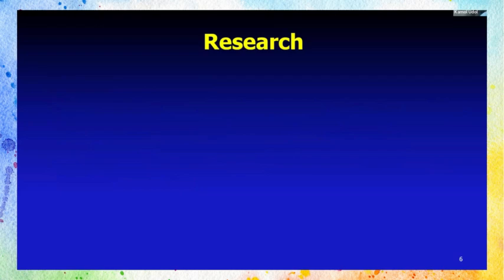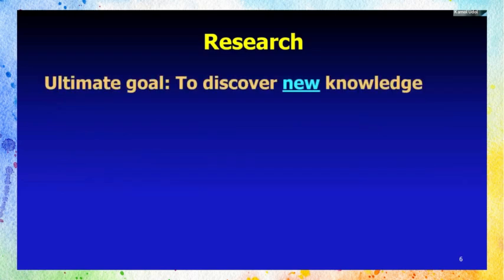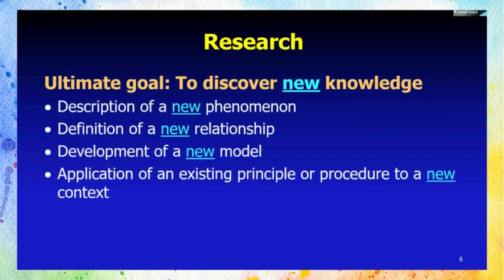So why do we need research? The ultimate goal, the utmost important objective of research is to discover new knowledge. It might be a description of a new phenomenon, a definition of a new relationship, development of a new model, or even application of an existing principle or procedure to a new context.